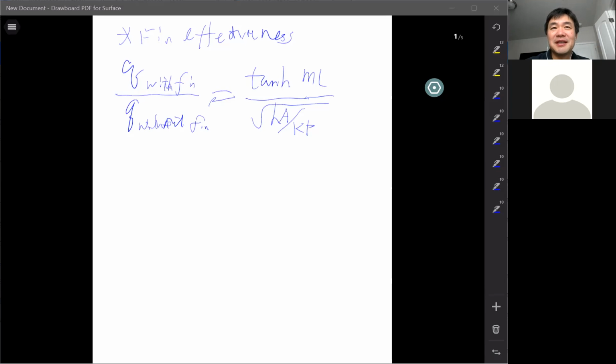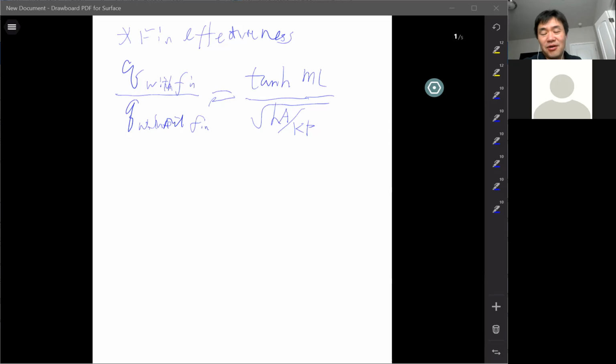So both numerator and denominator are with fins. The ideal case is when the entire surface is at base temperature, so that's the maximum heat transfer you can have for that particular fin. So efficiency is your current heat transfer versus the maximum heat transfer. Effectiveness is just compared to without fin. That's a conceptual difference.